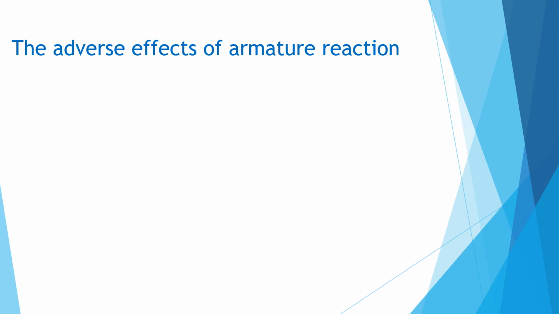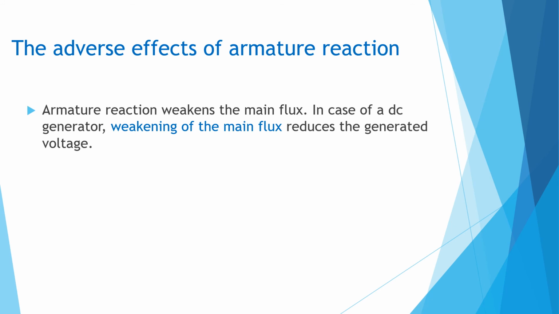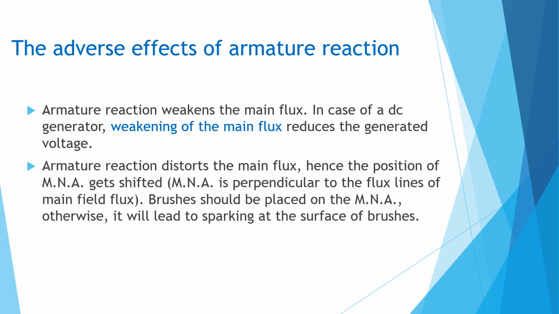The adverse effects of armature reaction. Armature reaction weakens the main flux. In case of DC generator, weakening of main flux reduces generated voltage. Armature reaction distorts the main flux, hence the position of magnetic neutral axis gets shifted.